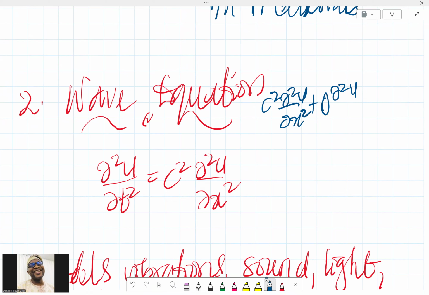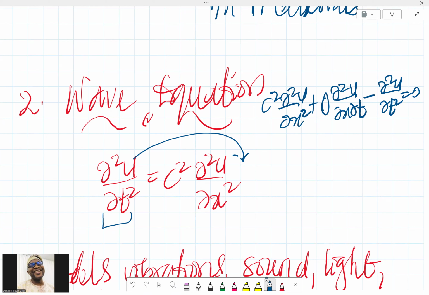Then we have partial squared u partial t squared. If you transfer it to the other side, we have minus partial squared u partial t squared equals 0. So now this is A, this is B, and this is C. C is minus 1, as you can see.